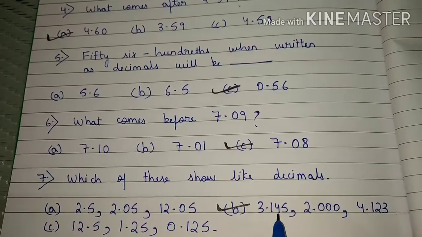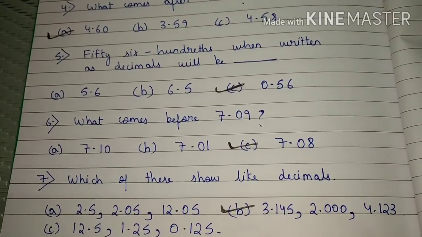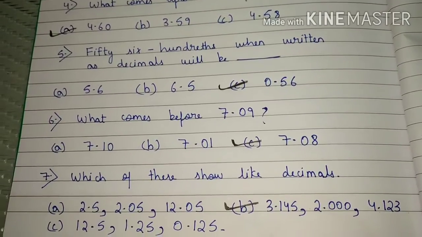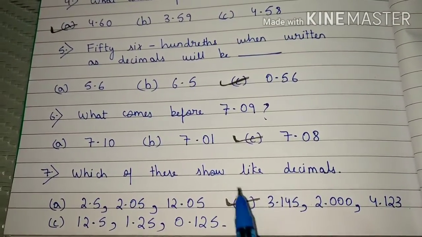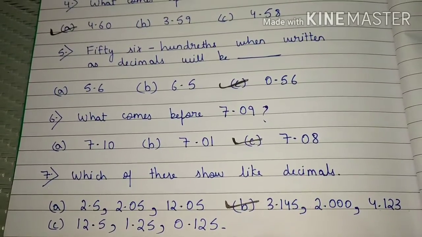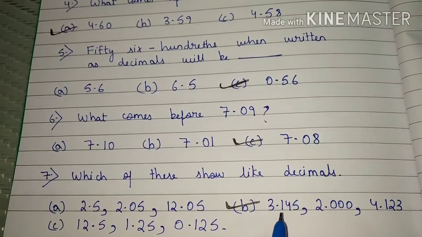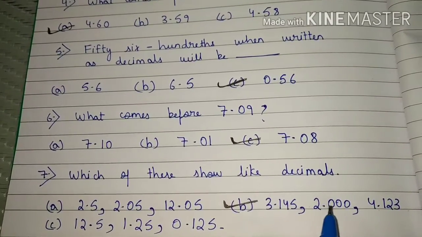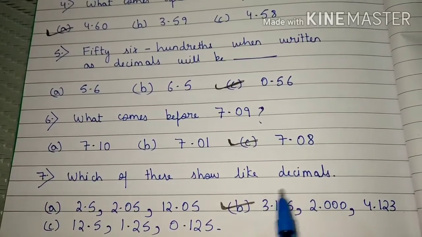So in all the cases, they have the same number of decimal place. So this type of decimals are called the like decimals. So option B 3.145, 2.000, 4.123 is the correct answer.